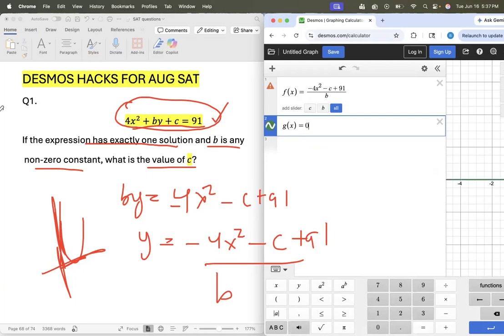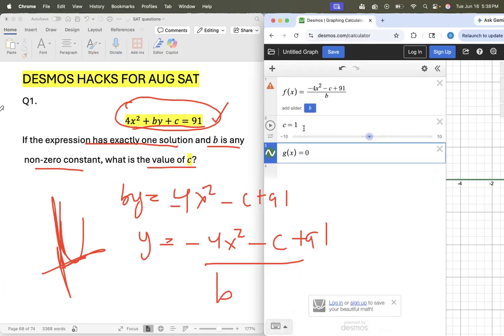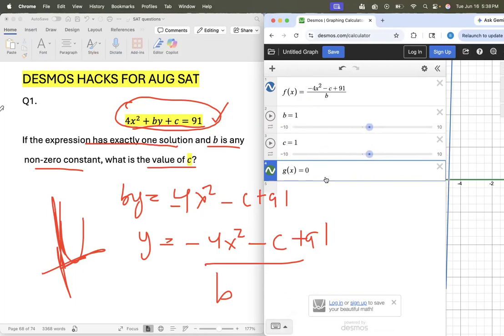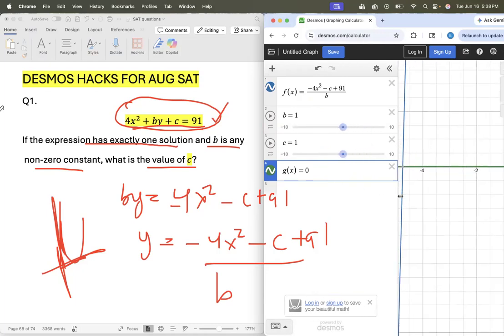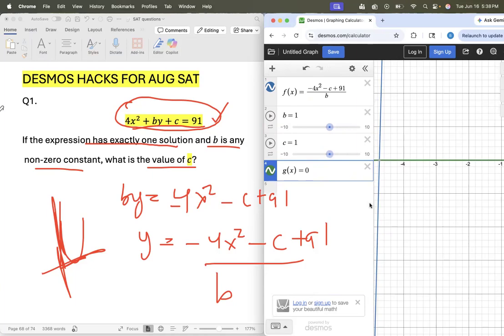Now we have two functions, and the second is the line y equals 0. Then just take a slider. It's okay. But when you're taking a slider, you have to think about it. For the function they're asking about, leave it alone and make the other one constant. They want c, so I will make b equal to 1.